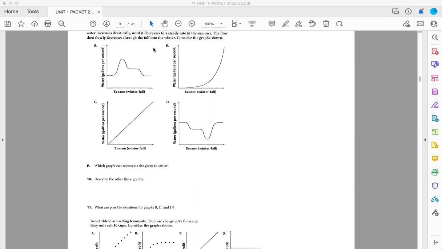What is a possible scenario for B? What could the graph B represent? This is something that is going up exponentially. Something that multiplies fast. That's what exponentially is. So think about, if you're taking biology, if you have one cell, the one cell becomes two cells, becomes 4 cells, they split basically. It's called mitosis.